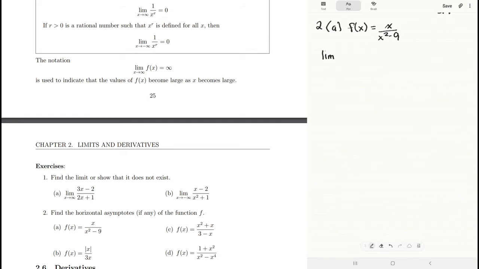Now for this function, we can actually perform both of the calculations at once because the methods for calculating the limits to infinity or limits to negative infinity are identical. So we can write the limit as x approaches plus or minus infinity.